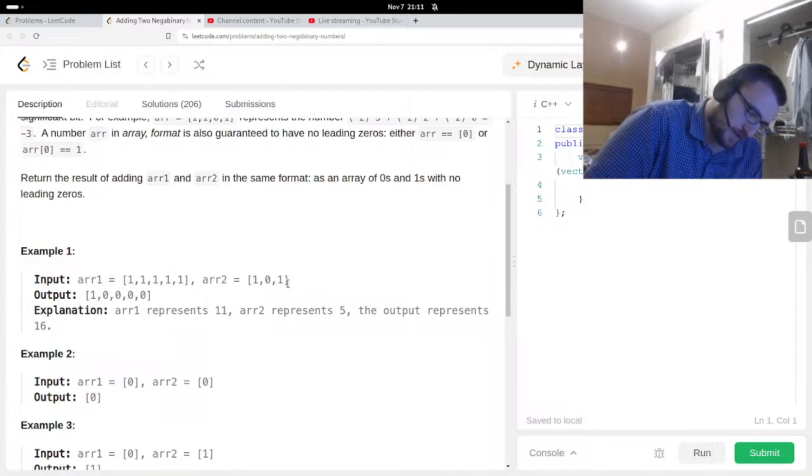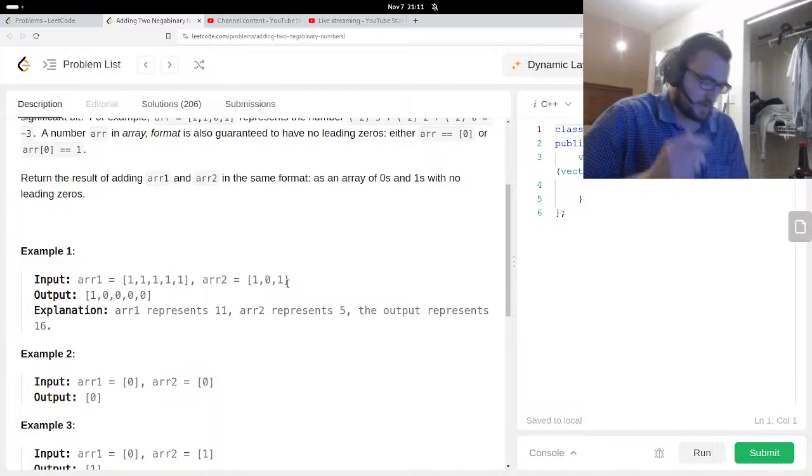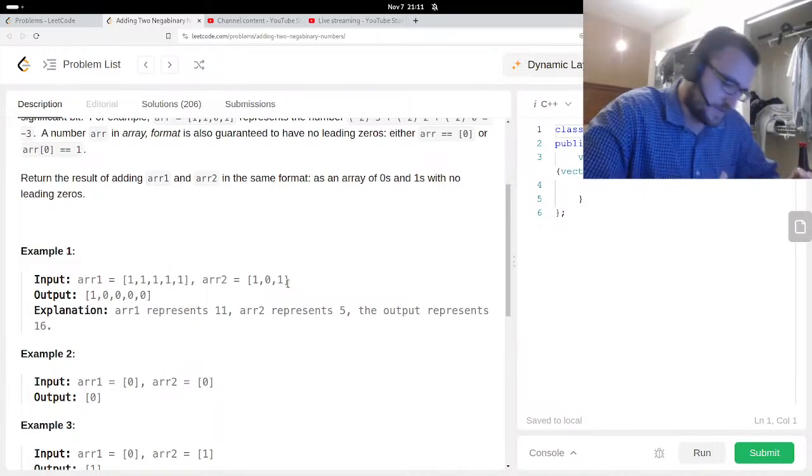No. -2 raised to the I times 2 is -1 times -2 times -2 raised to the I, which is -1 times -2 raised to the I. Okay, interesting.